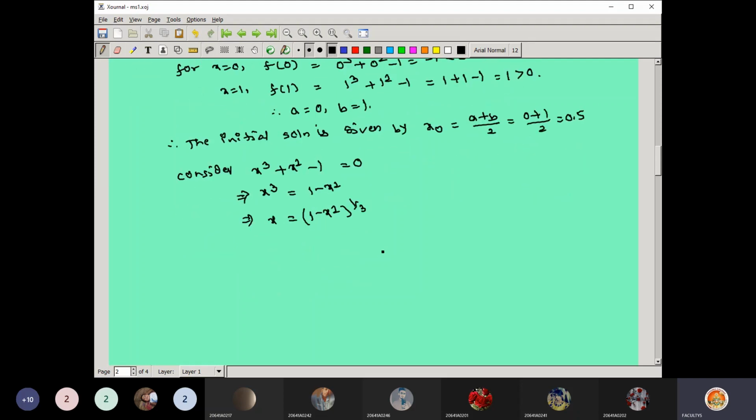So it is in the form of x n plus 1 equal to phi of x n. It is looking in this model. So therefore I am writing here, left side x is denoted by x n plus 1, right side x is denoted by (1 minus x n square) whole power 1 by 3.